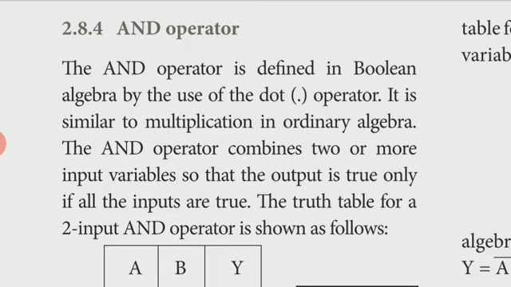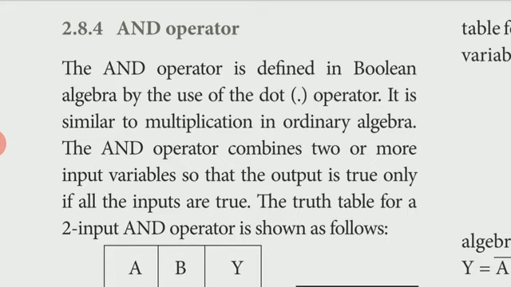The result is: when all the answers are true, then only the result becomes true. This is like your progress report exam: if you pass in all subjects, then only you will get a rank. So, for the AND operator, if you want a true answer, all the inputs should be true.